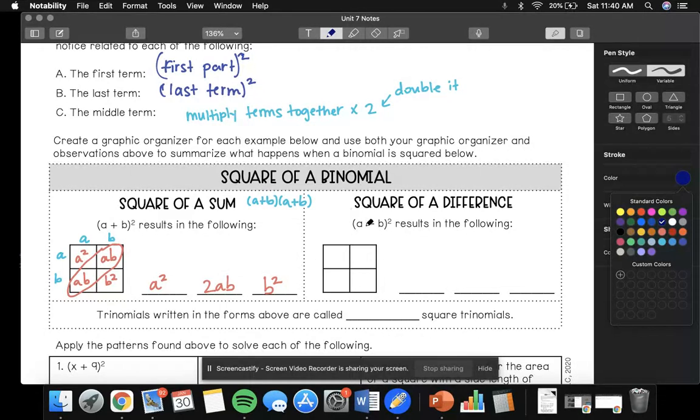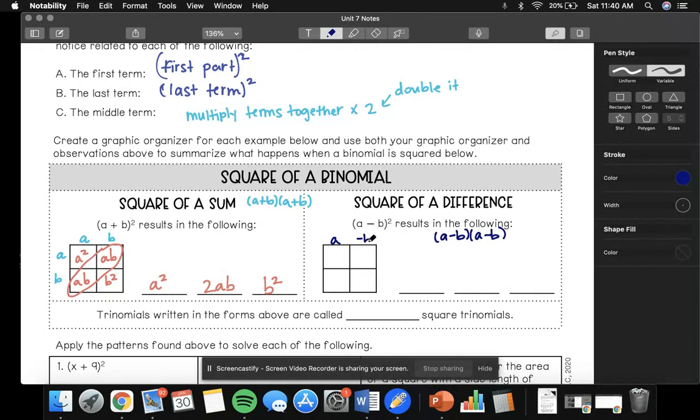All right, the square of a difference, which means we're taking two terms, subtracting, and squaring it. So literally, we're taking A minus B times A minus B. So we'll have A and negative B times A and negative B. Now we're going to multiply. A times A is A squared. A times negative B, I'm just going to write negative AB.